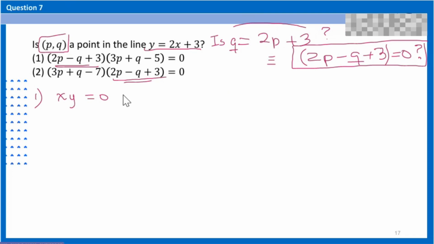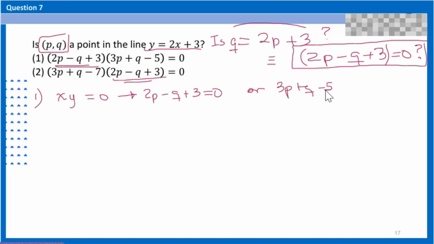All we can tell about statement 1 is that it means that 2p minus q plus 3 equals 0, or 3p plus q minus 5 equals 0. If this were a possibility, and actually it is a possibility, if this is true, then this means an affirmative answer to the question. But what happens if this is true?